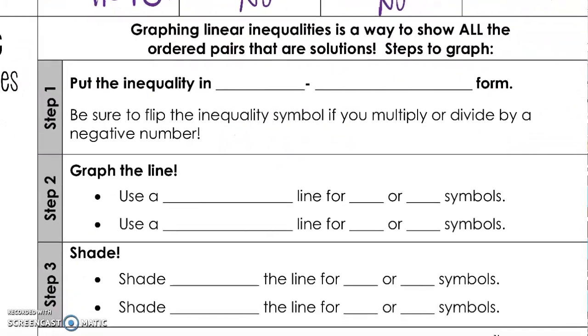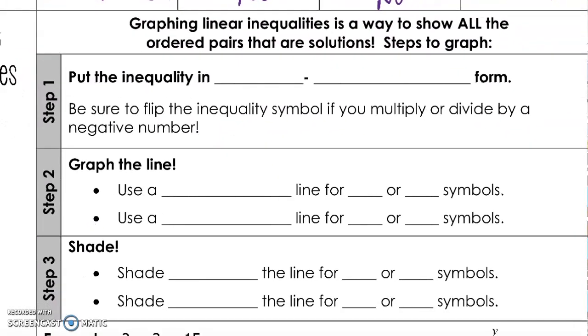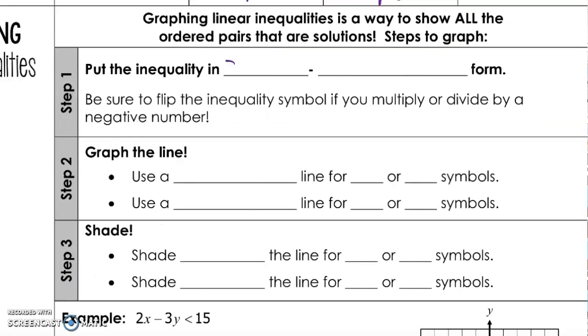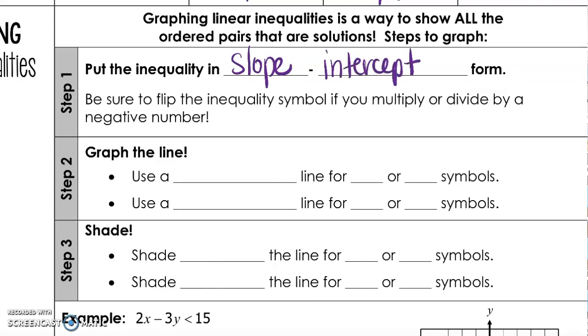So now we are going to graph these. When you are graphing them, there's a few different things you have to watch out for. The first thing is you want to put it into slope-intercept form. You can still do x or y intercepts if you would like to, but that will change how you shade.